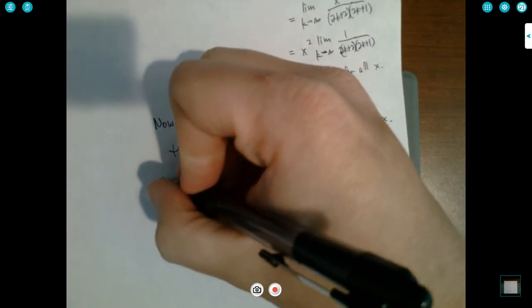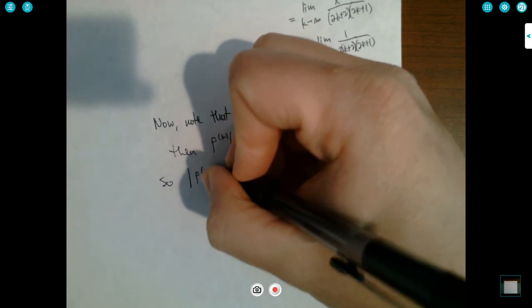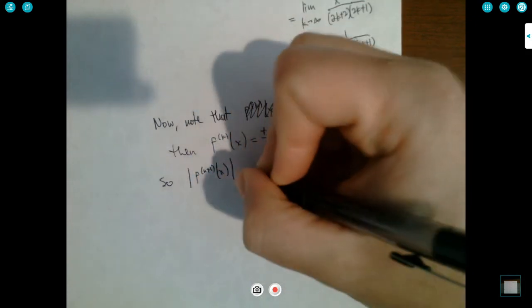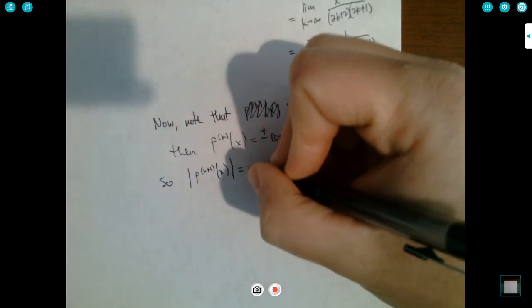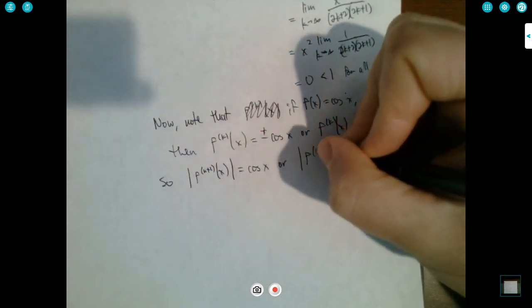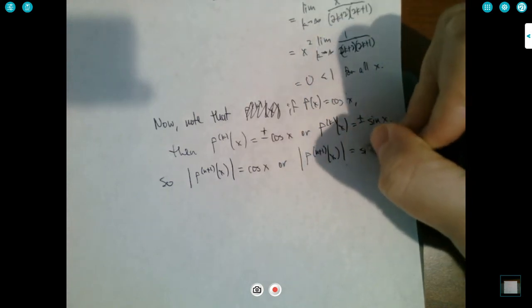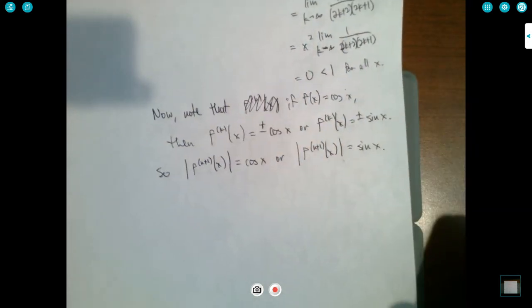What I need to do is bound the absolute value of that thing. So the absolute value of the n plus first derivative is either cosine or sine.